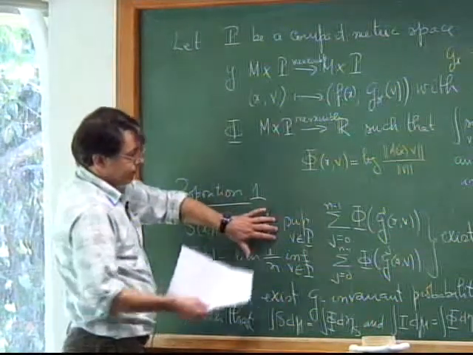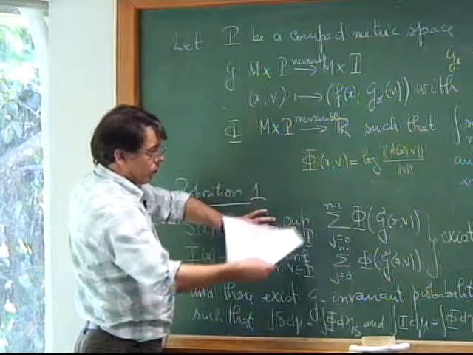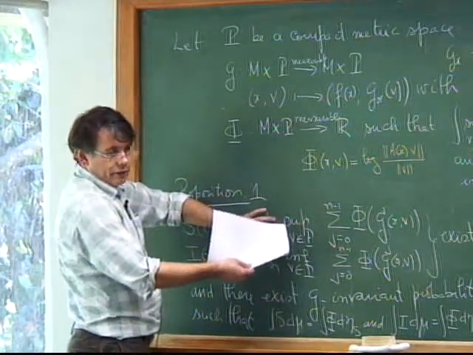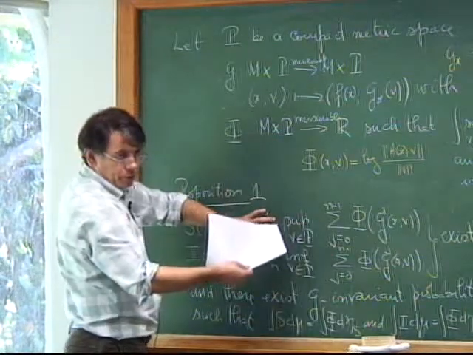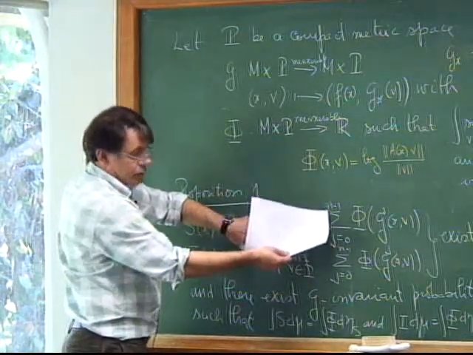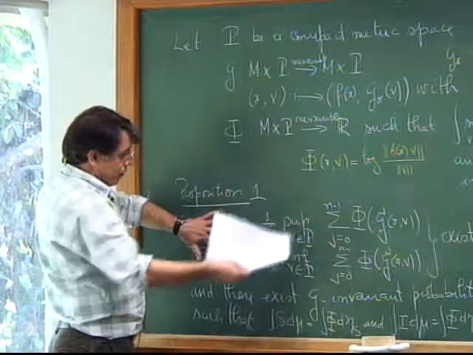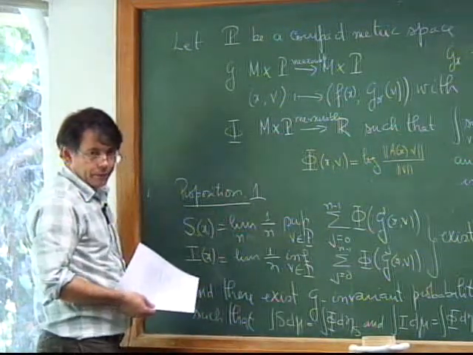So, of course, by compactness and so on, each time the sup is attained, there is some v that realizes this supremum. But that depends on n.